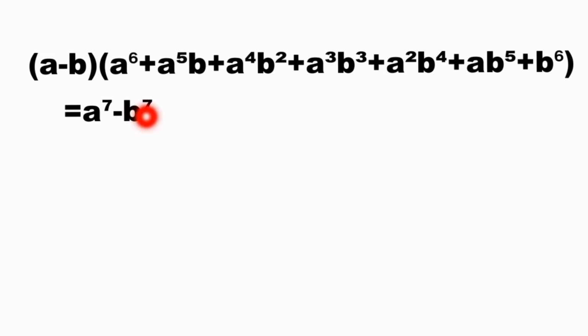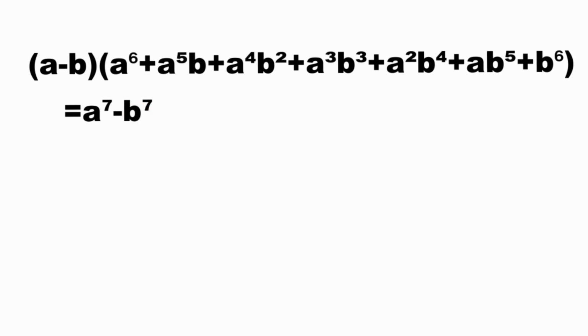You just raise a to the power of 7 and b to the power of 7 also, with the sign minus between them.